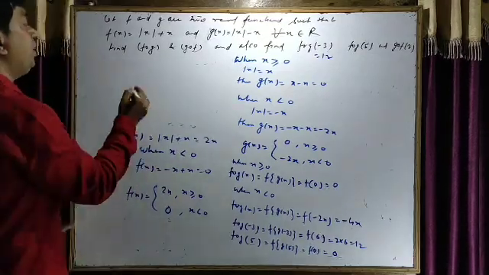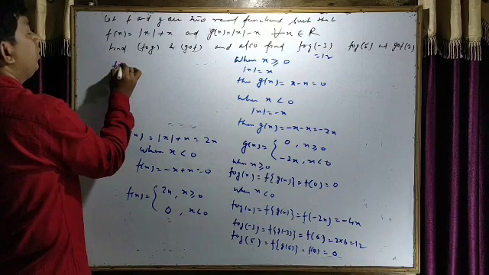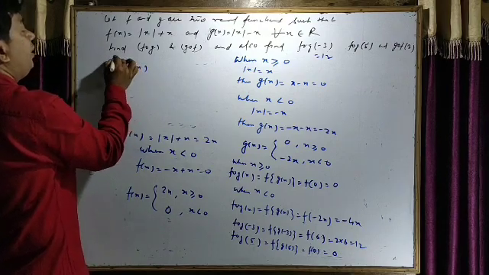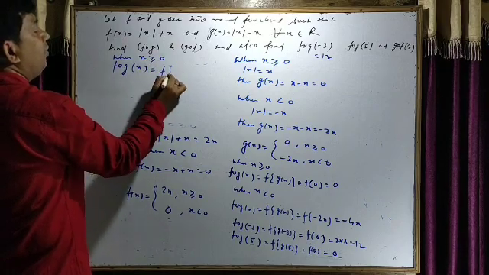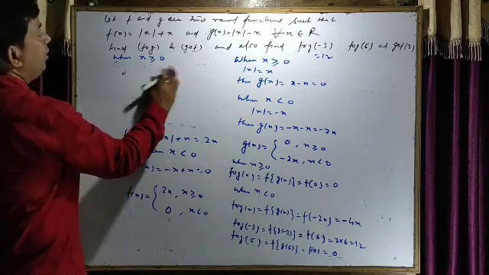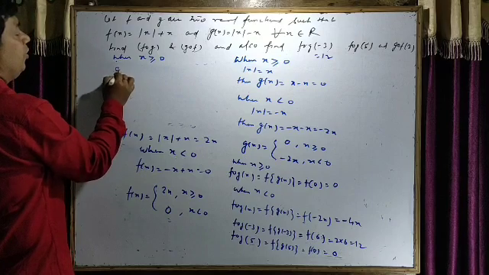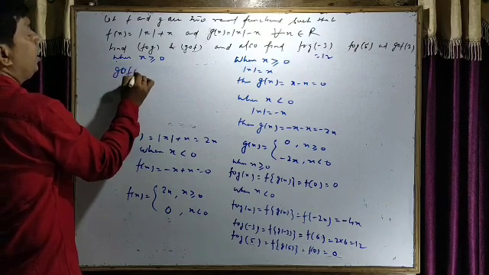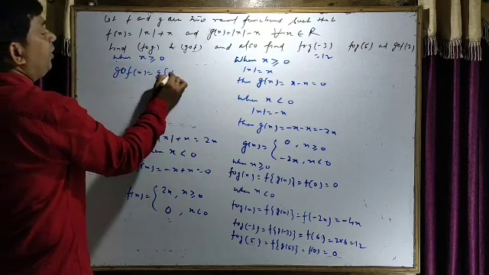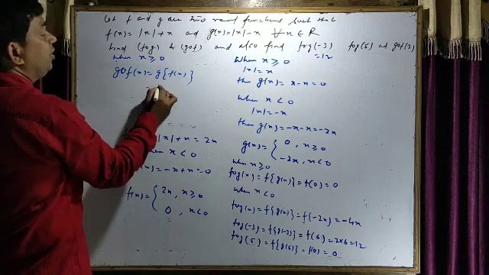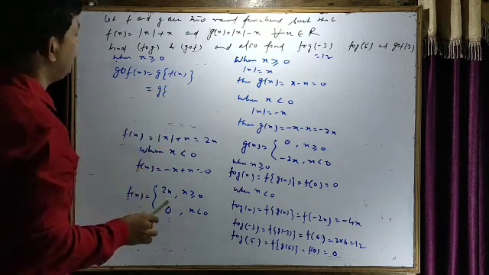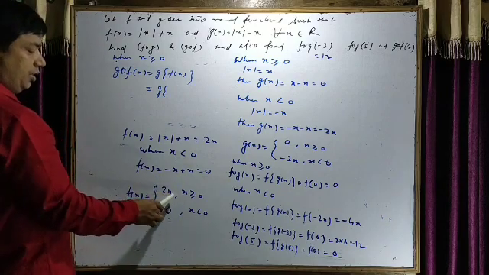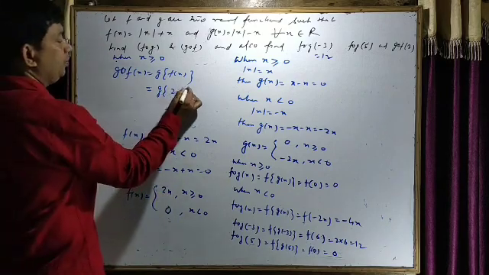Now, what is fog of x when x is greater than or equal to 0? So fog is over gof of x. So g f of x means what? f of x, x is greater than 0, then it is 2x.